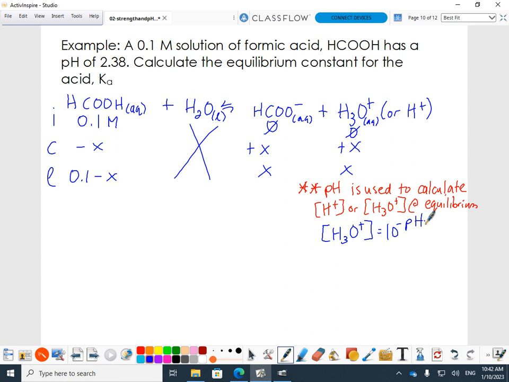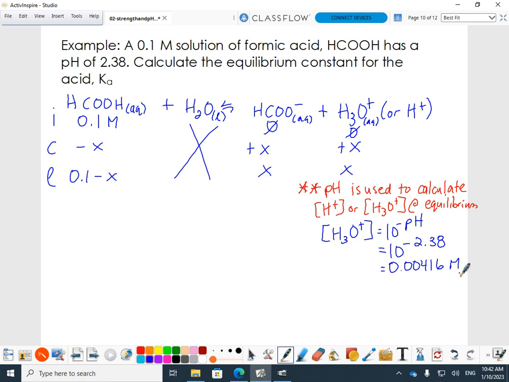Okay, so this formula is on the formula sheet, the inverse of log. Write your answer in scientific notation or not, that's up to you.